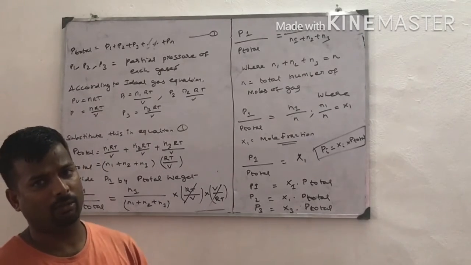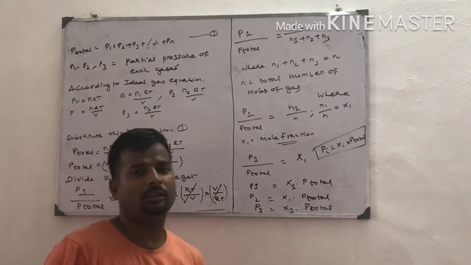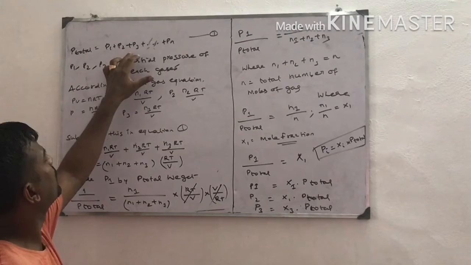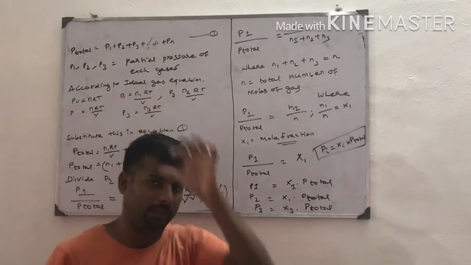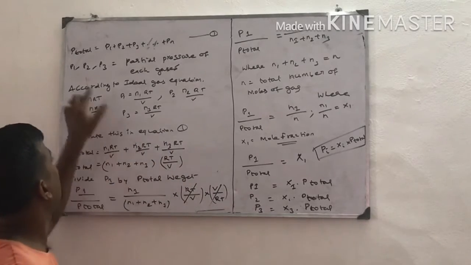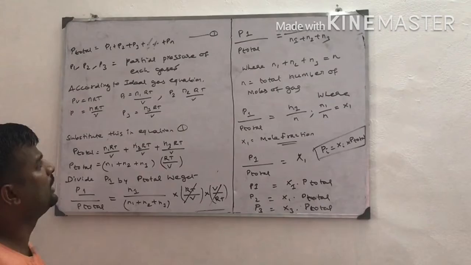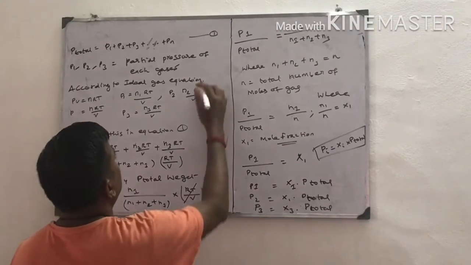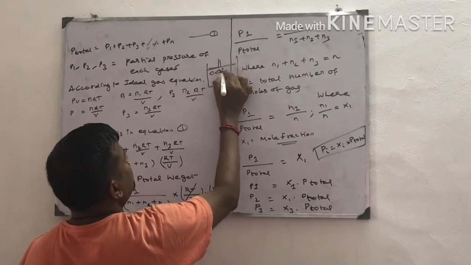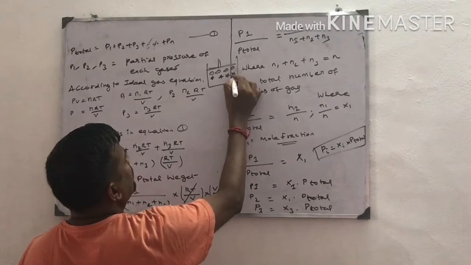I will explain again one by one. According to Dalton's law of partial pressure, P total is equal to P1 plus P2 plus P3 up to Pn. This was already explained in the definition part, where P1, P2, P3 are the partial pressures of each gas in the cylinder. Suppose a cylinder is filled with 3 gases: gas 1, gas 2 and gas 3.